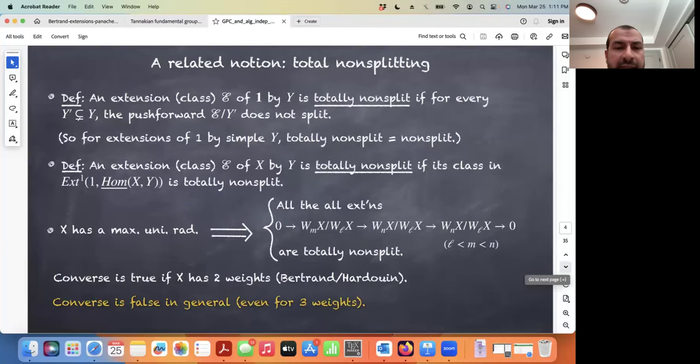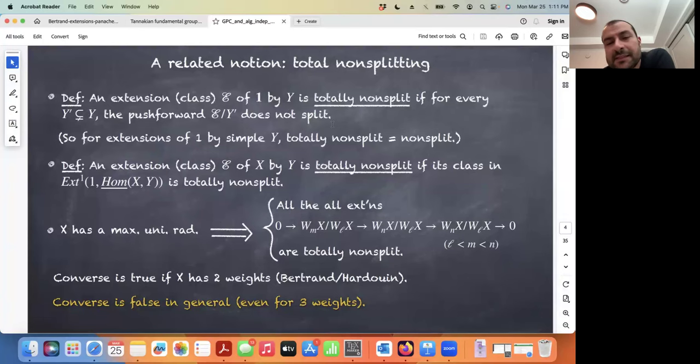So now this is again a slide from the last talk. There's a related notion to this maximality of unipotent radicals, and that's the notion of total non-splitting of extensions. I'm going to recall the definition here. First we'll give the definition in a special case, where you're considering extensions of the unit object 1 by some object y. I'm going to say an extension class of 1 by y is totally non-split if for every proper sub-object of y, the push forward of my extension along the quotient map by the sub-object doesn't split.